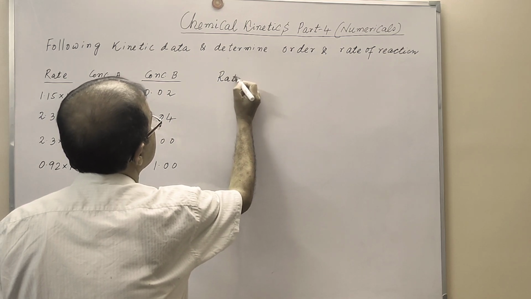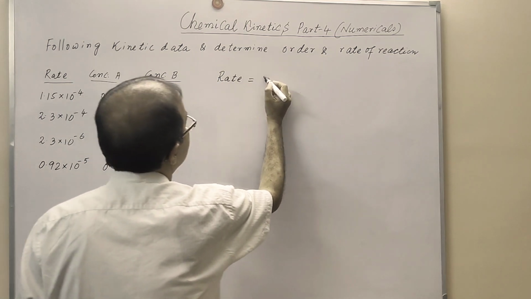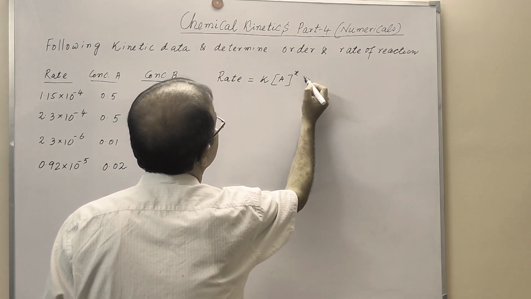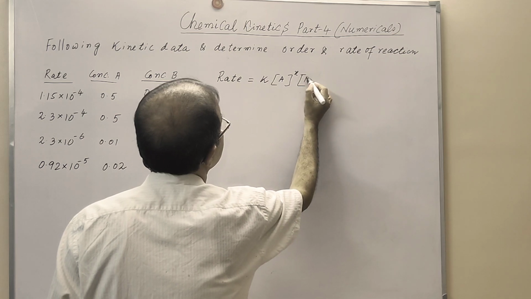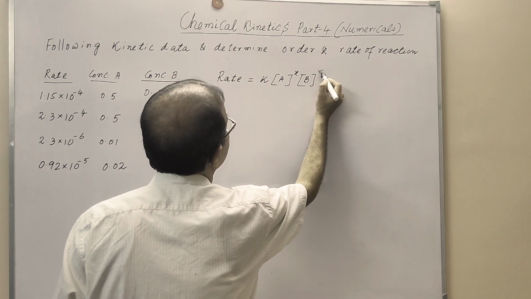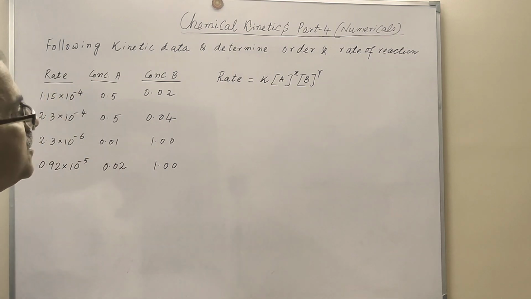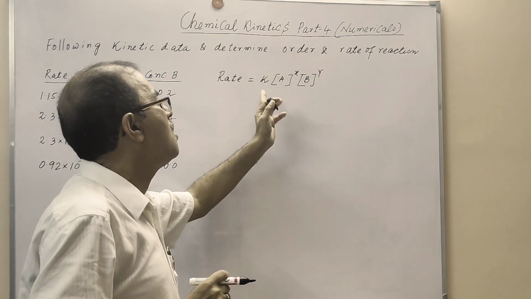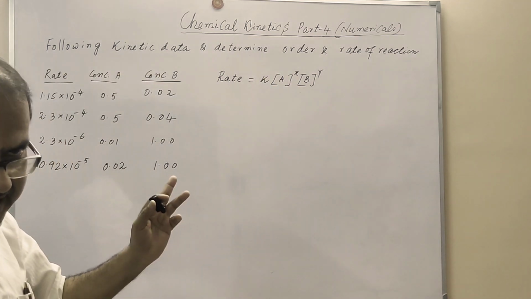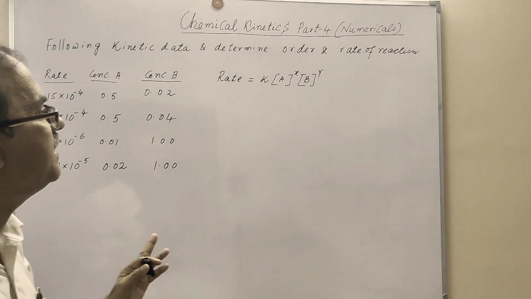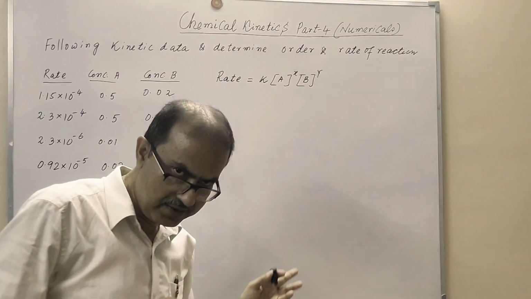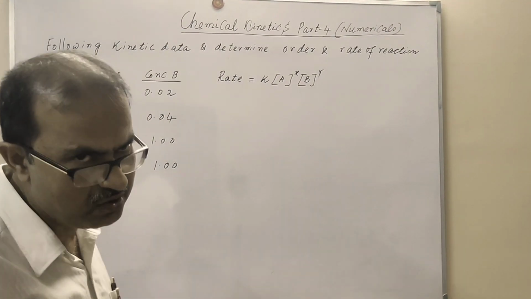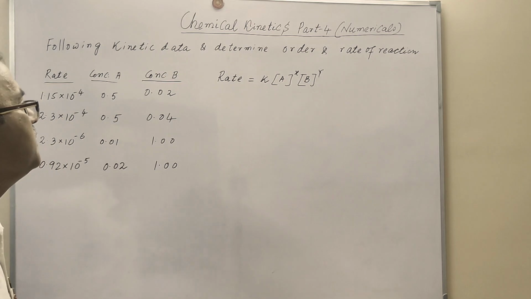The rate is equal to the rate constant into concentration of A to the power x and into concentration of B to the power y. Here x is the order of the reaction with respect to the reactant A, and y is the order of the reaction with respect to the reactant concentration B.